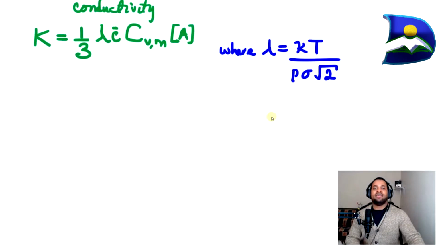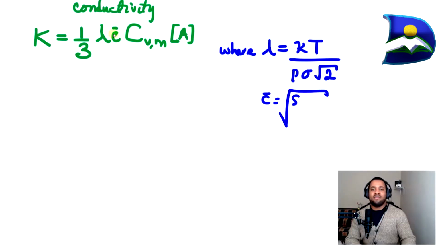Take note that for the mean speed, our mean speed is expressed as the square root of 8kT divided by pi times the mass of the atom.